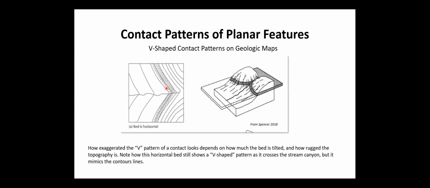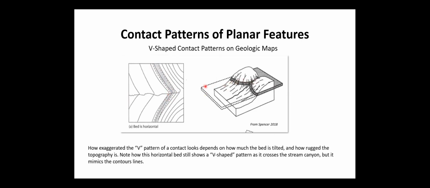How exaggerated the V-shaped pattern is depends on two things. Okay, so in this case, it's barely coming off of the contour lines. It depends on how rugged the topography is, or how extreme the tilt is.